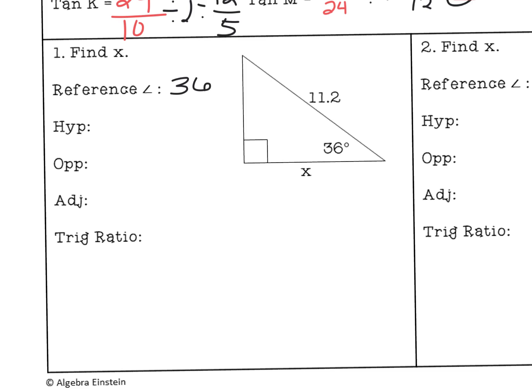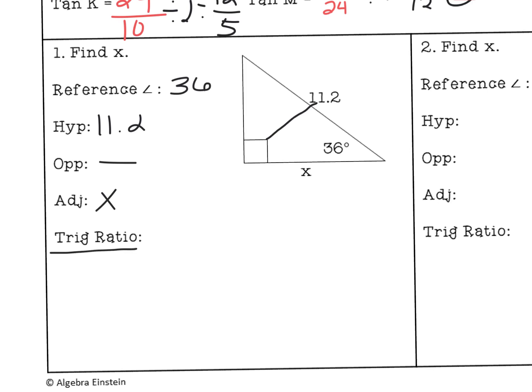Now we're labeling our sides. What's our hypotenuse? 11.2. Yep, that's across from that right angle. What's opposite of 36? Nothing. I'm just going to put a line through it, or you can leave it blank. What is adjacent to 36? X. Now we have to figure out what trig ratio we're using.